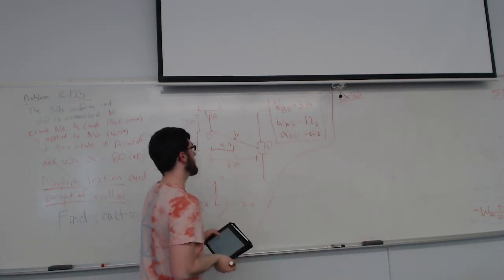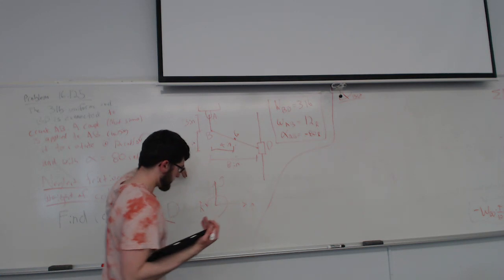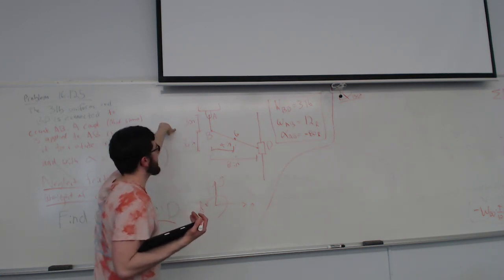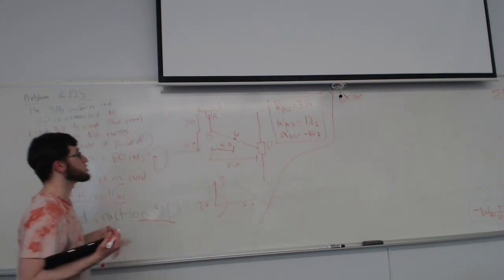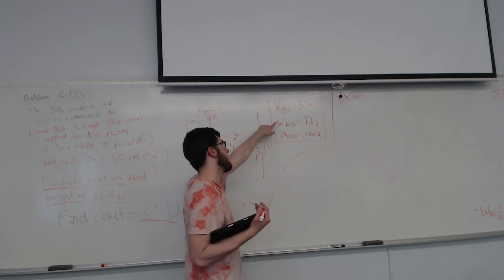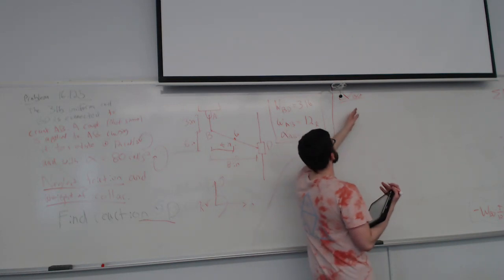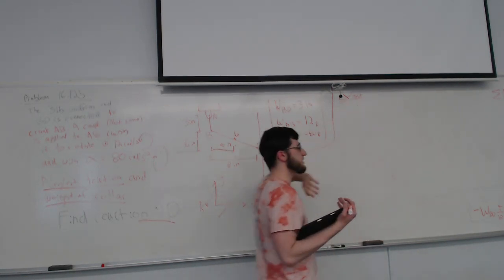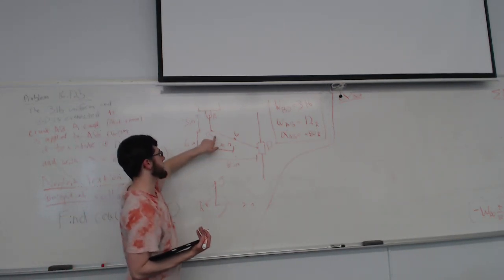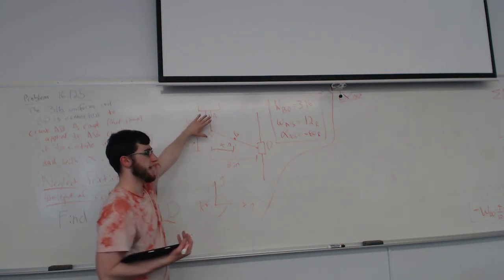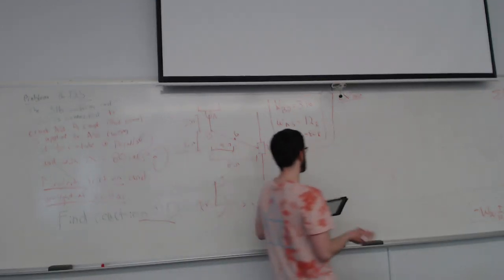So how are we going to do that? Well, I know that at crank AB, I'm given a bunch of stuff, especially in terms of its angular velocity and its angular acceleration. And I know from experience that in order to get this, I'm going to need the acceleration of B at some point. So instead of starting with rod BD, I'm going to look at crank AB because I know I can find a lot of stuff which is going to help me with this.